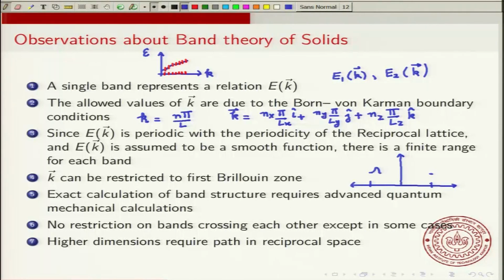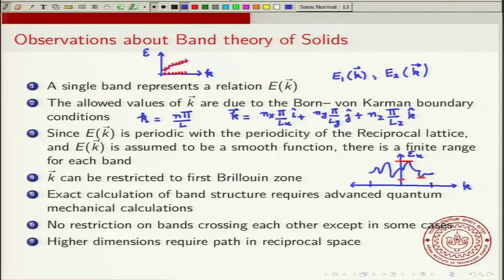Now, in between it can do anything, but since it has to come back to this point, and it is a smooth function, basically what this says is that there is a finite range of energies. So, you just have a finite range of values. Okay. So, this is the range of allowed values of the energy of this band. Okay. So, you see that a natural consequence of the periodicity is that there is a finite range of energies for each band.